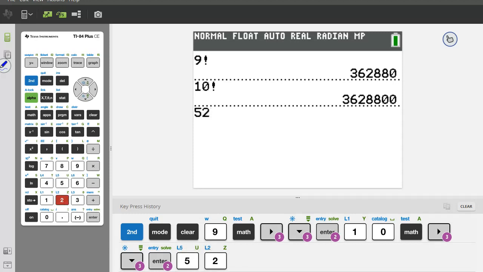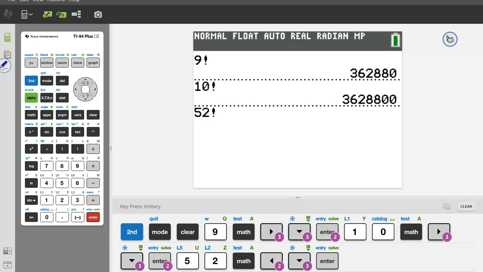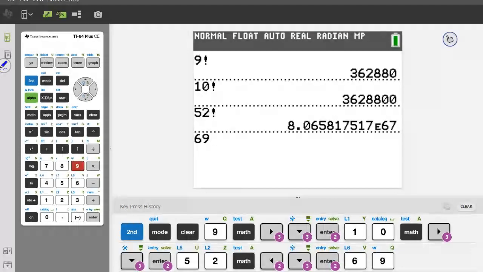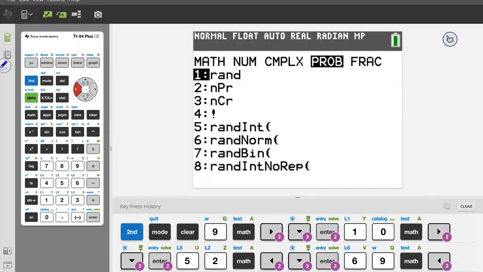The number that I was talking about before, 52 factorial, is going to give me scientific notation, times 10 to the 67, so there are 67 zeros following that. And as I said, I think this is the last number that actually shows up on calculators. I'm not sure.